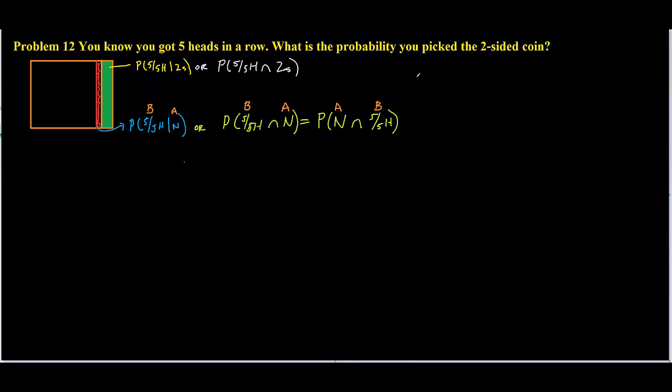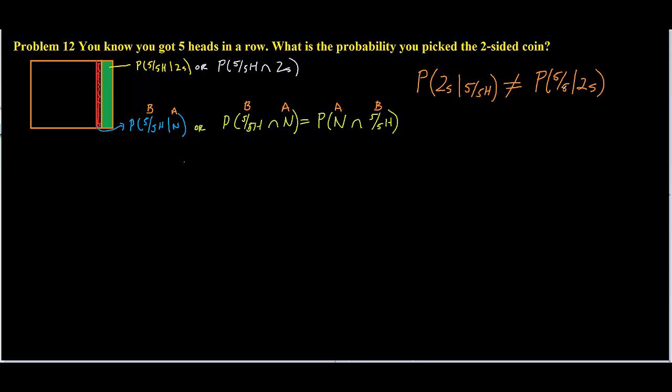The question asks, what is the probability of getting the two-sided coin given that you observed you got 5 out of 5 heads? That is different than the probability of getting 5 out of 5 heads given that you got the two-sided coin, right?